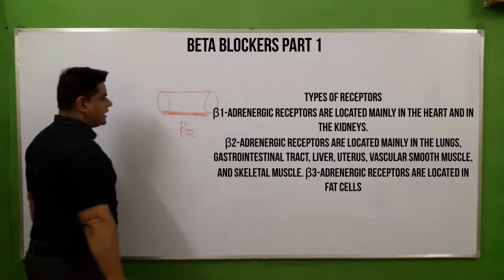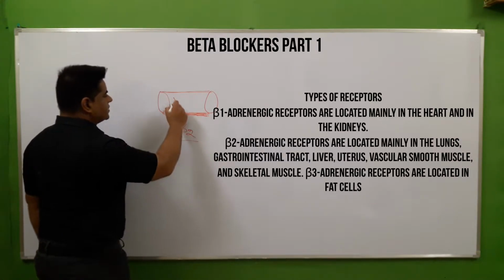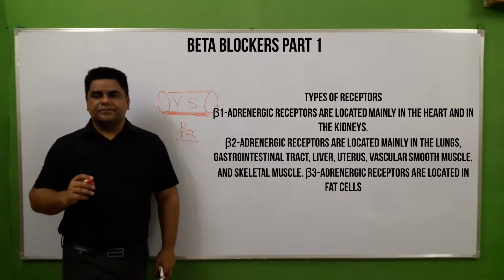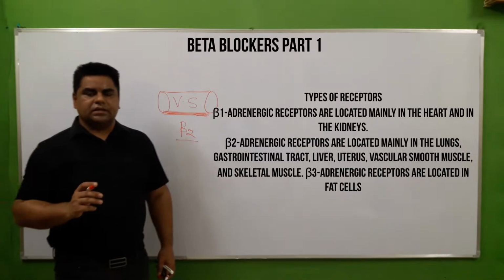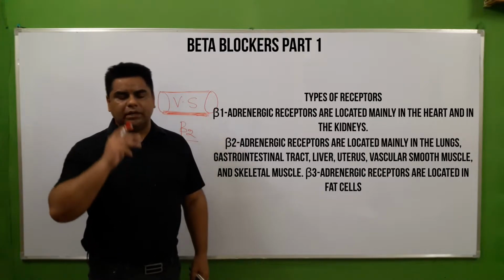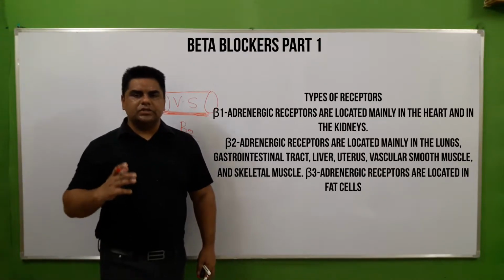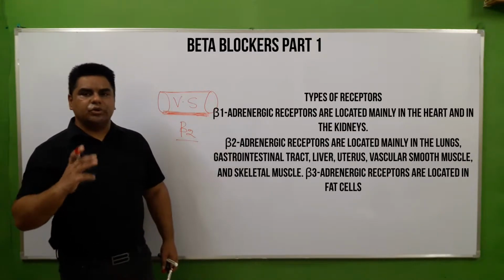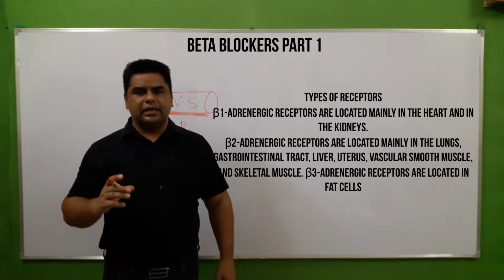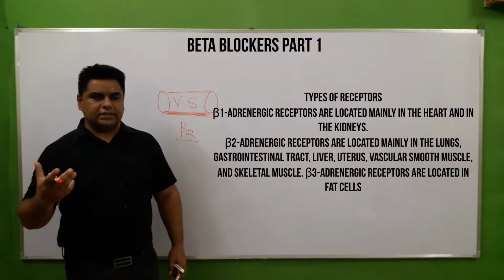Please note, the vascular system has beta 2 receptors, also including skeletal muscles. So beta 2 receptors are present on lungs, GI tract, liver, uterus and vascular smooth muscles plus skeletal muscles.